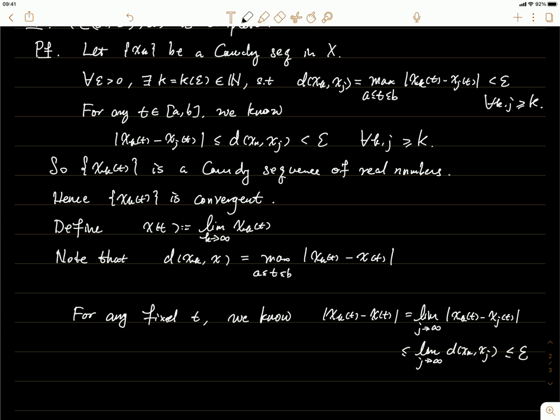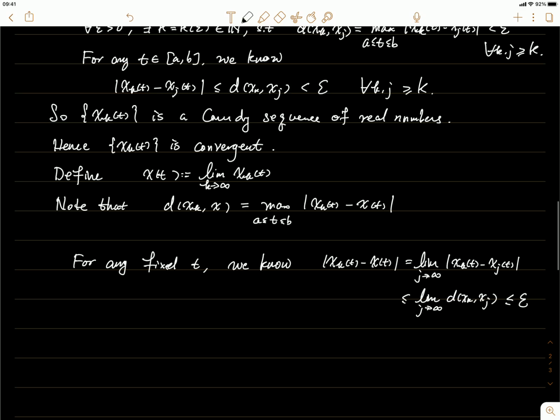Okay, so that means for every fixed t, I know that this is less than or equal to epsilon. Okay, and the key is right here. We know that for every one of these it is less than epsilon, but when we take the limit, we can only guarantee that it's less than or equal to epsilon. So this is less than or equal to epsilon for every fixed t, and then the maximum of them will also be less than or equal to epsilon.